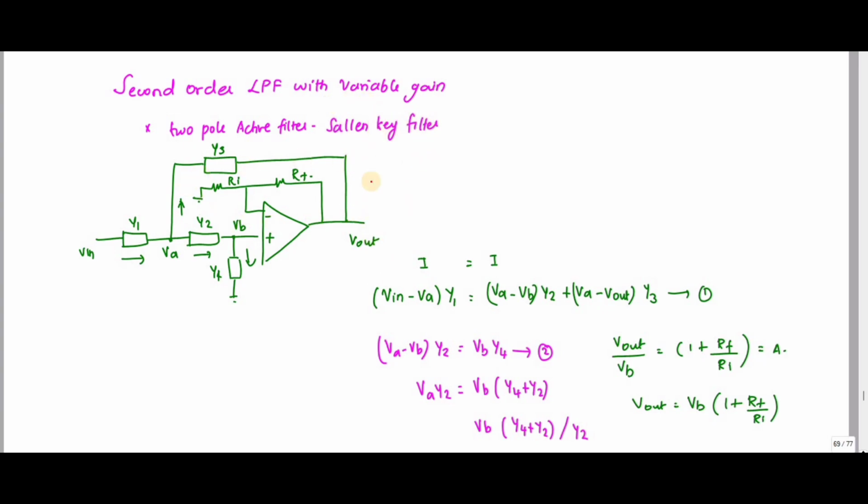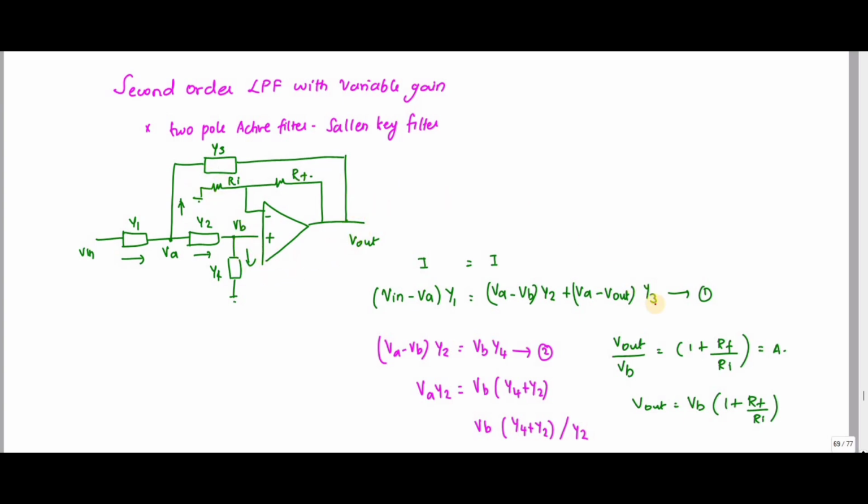Okay, so this is a general structure for the second order low pass filter. You can see, instead of a short circuit from the inverting terminal to the output, I have used this RA and RF resistor. If that is the case, this whole circuit becomes a non-inverting amplifier, right?